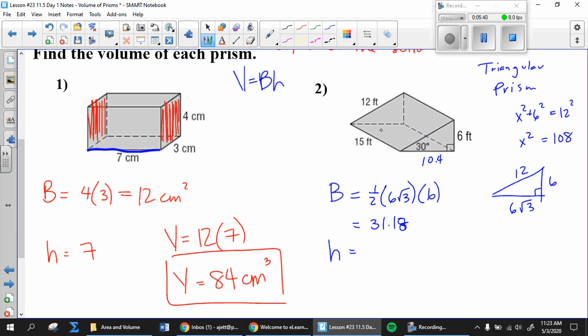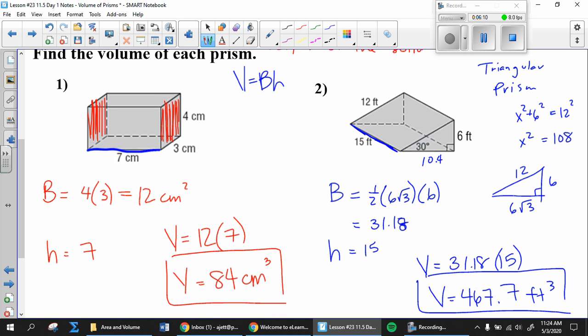Then the height is the distance from base to base. Well, the distance from base to base here is going to be this 15. So volume is area of the base, which we got 31.18, times height, which is 15. When we type that in, we get a volume of 467.7 feet cubed.